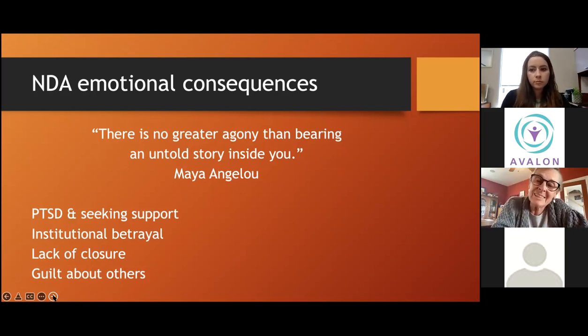And something else that I see happens with people who've signed NDAs is, you know, they have to take care of themselves first and foremost, but many, many people who've experienced sexual violence feel, of course, very strongly that they don't want other people to go through what they went through. And I talk to people all the time.